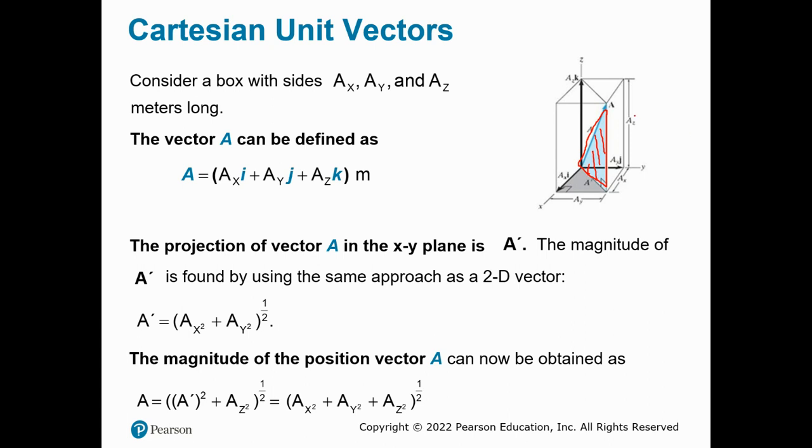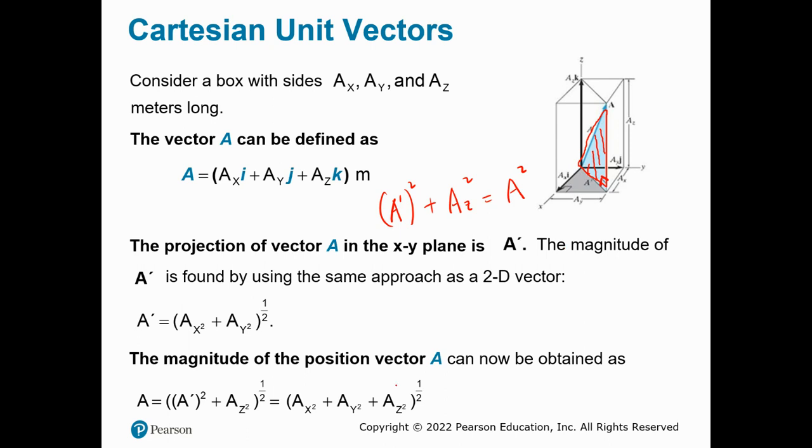In the red shaded triangle, A prime squared plus Az squared will equal my original vector A squared, Pythagorean theorem. The 90 degree angle is right here.